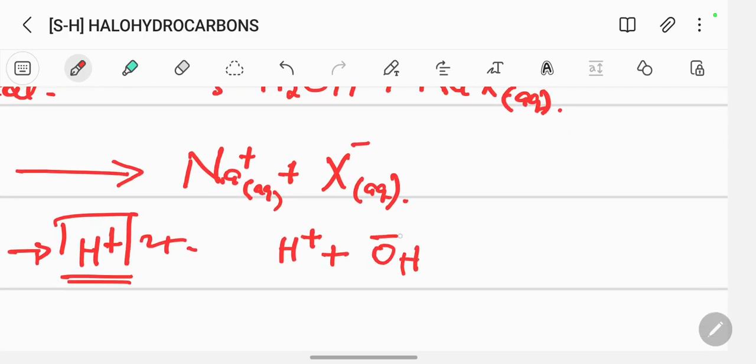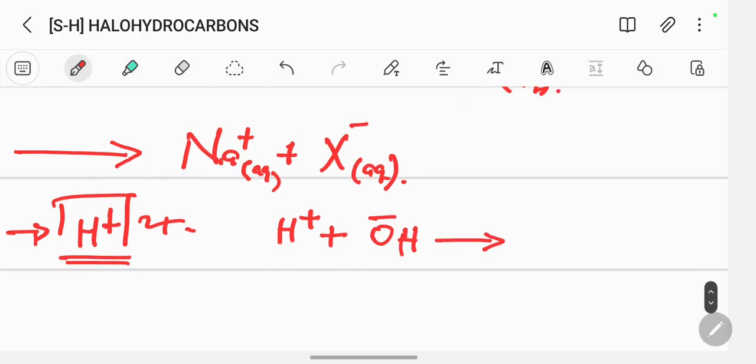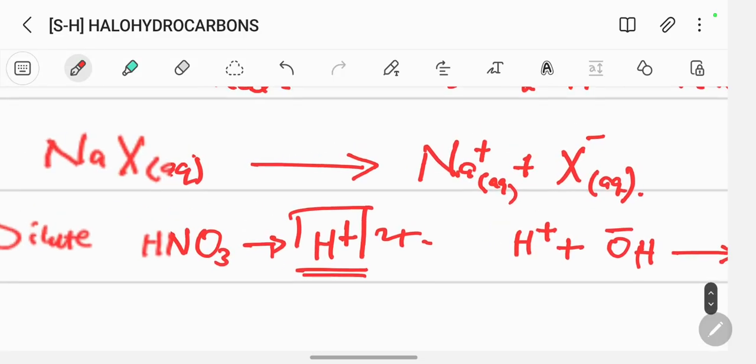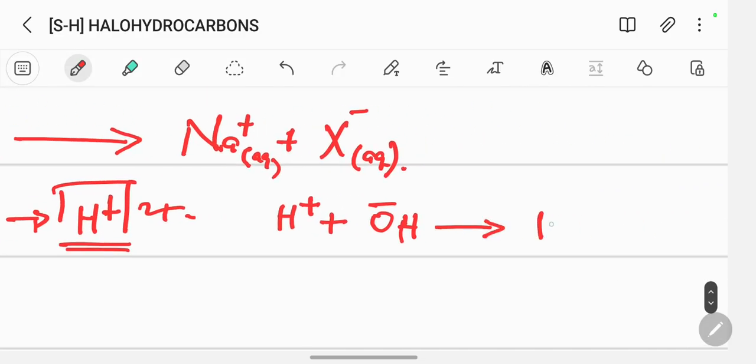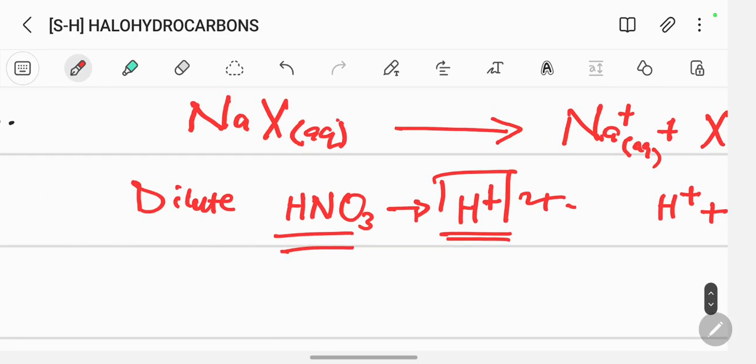So this one is like taking precaution. If you add the excess sodium hydroxide, you have to add dilute nitric acid, such that we neutralize these to water. It's better the solution stays acidic than alkaline.